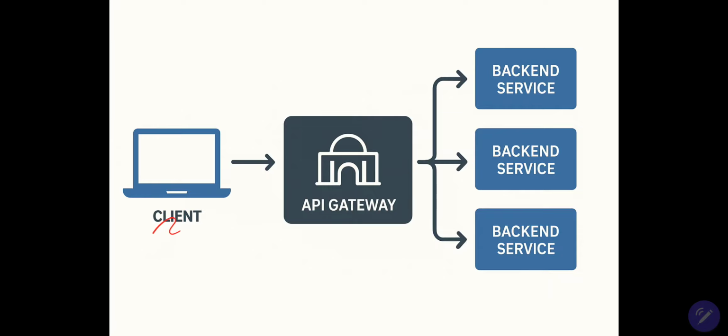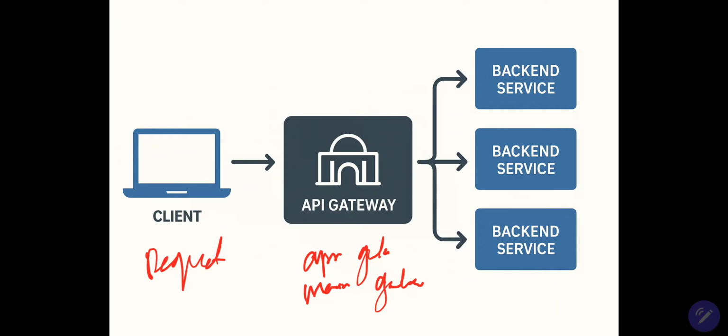Your client sends requests, and the requests enter the API gateway. And in here, the API gateway can do authentication, authorization, logging, limiting requests, routing, and extra.